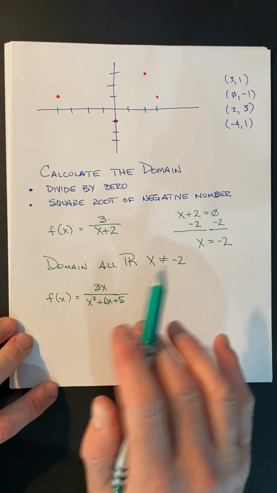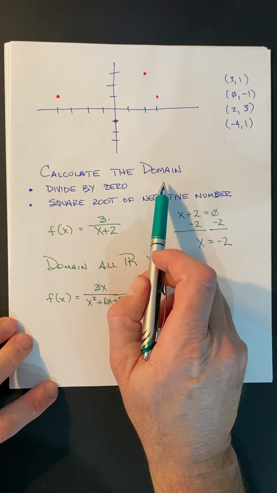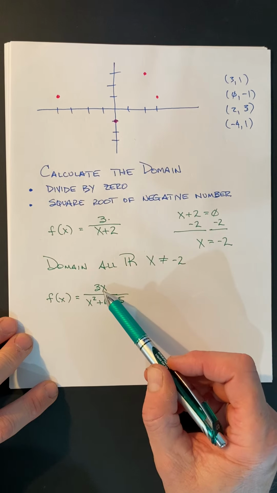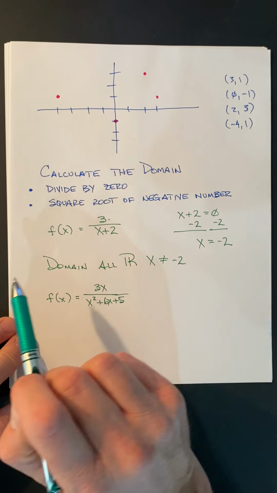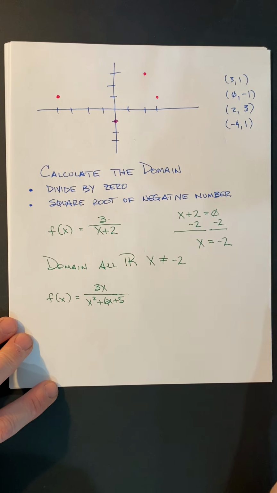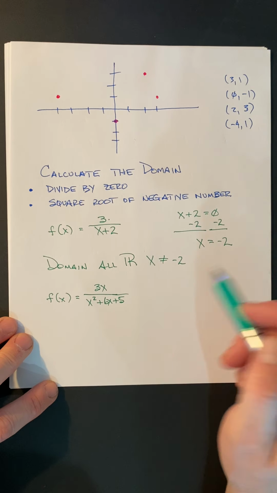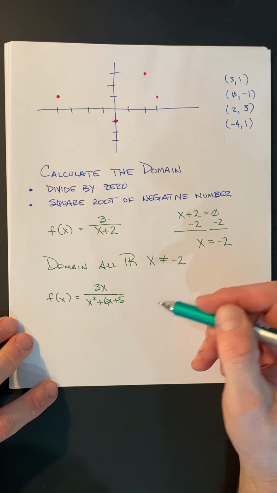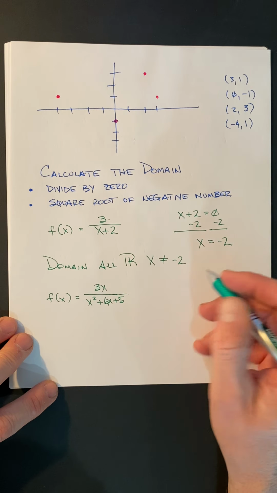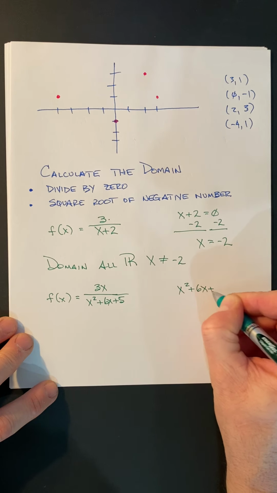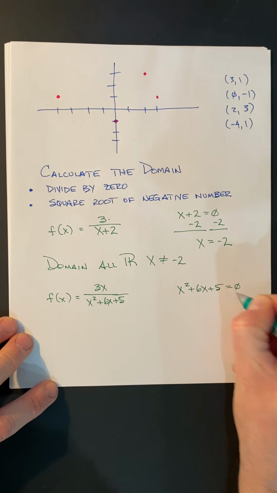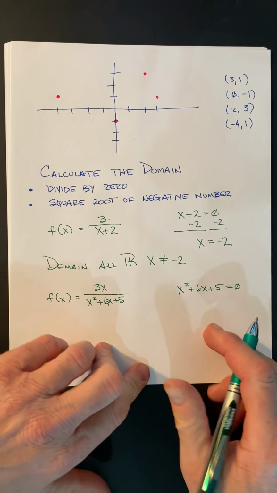That doesn't bother my domain calculation, okay? So if I put a 0 in for x, that's okay because it doesn't cause a divide by 0 and it doesn't cause the square root of a negative number. But what's my rule? Set the denominator equal to 0. So x squared plus 6x plus 5 equals 0, and then solve.